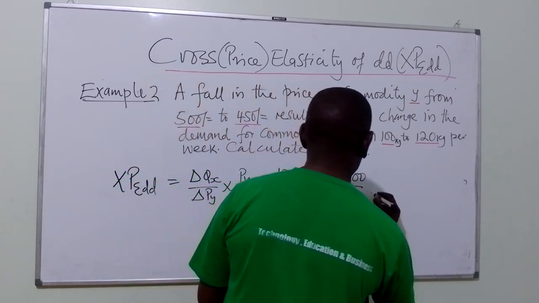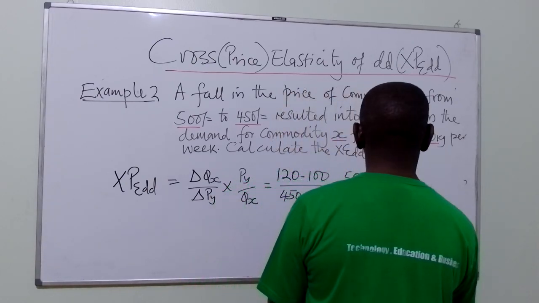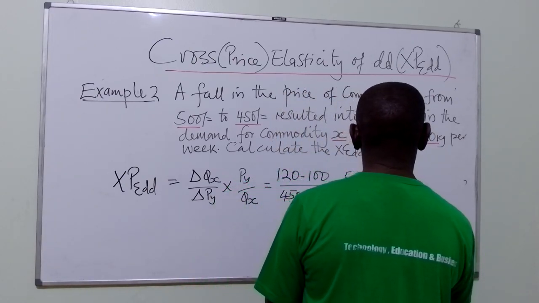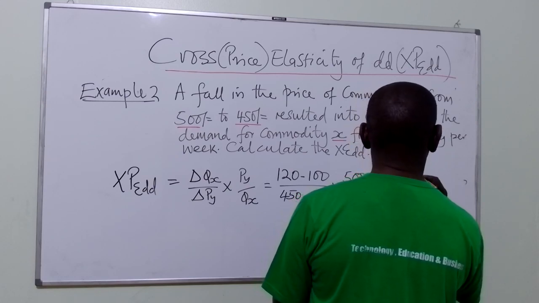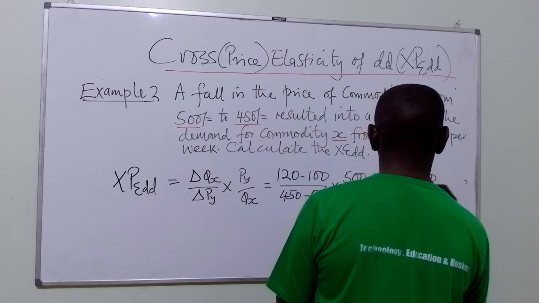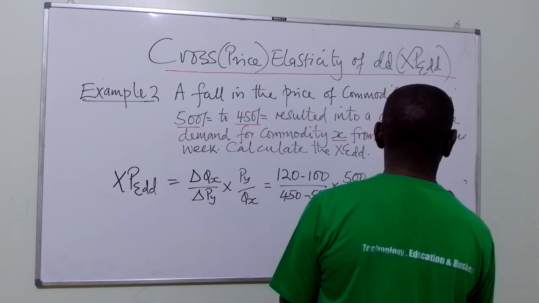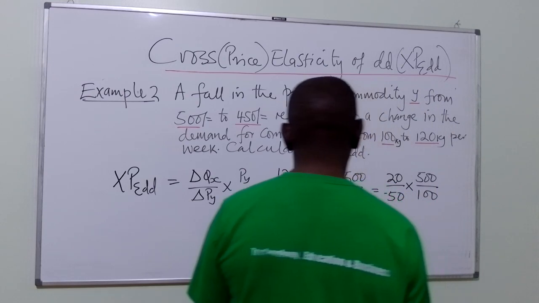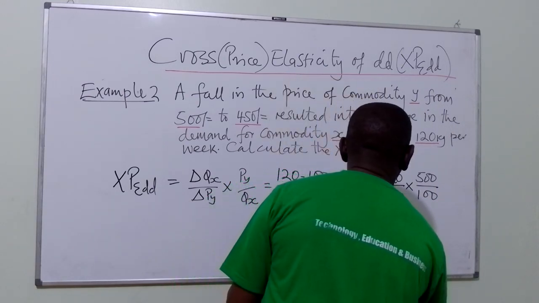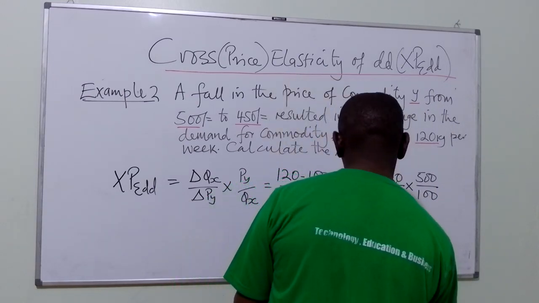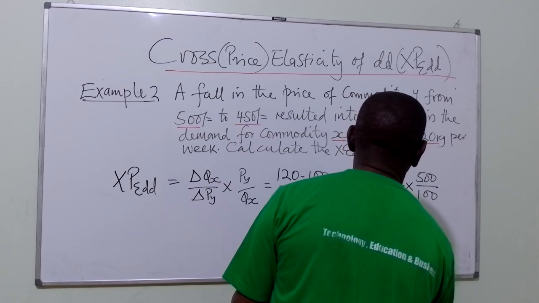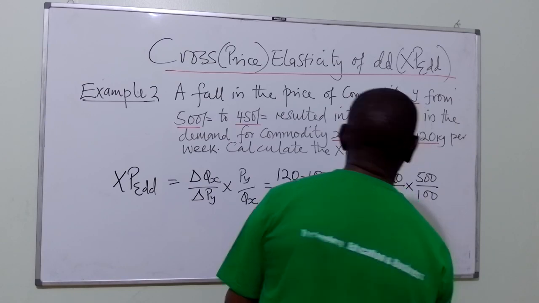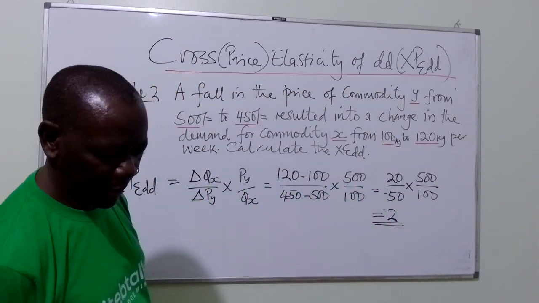Then from there we go to 20 over negative 50, times 500 over 100. And this is going to give you a 2. Which 2? Negative 2. It is going to give you negative 2 as the final answer.